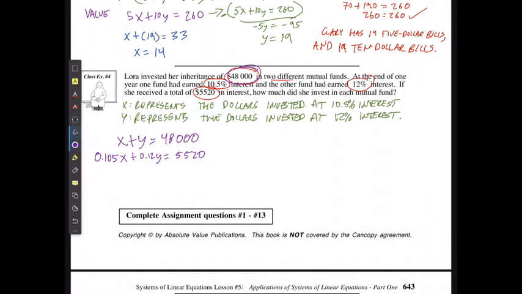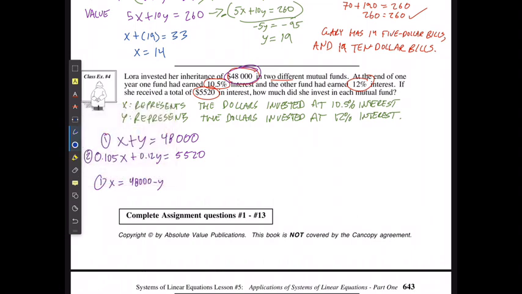Now, at this point, you can use whichever method you want. In this case, I'm just going to use substitution, and I'm going to say from equation 1, I'm going to isolate x and say x is equal to 48,000 minus y.